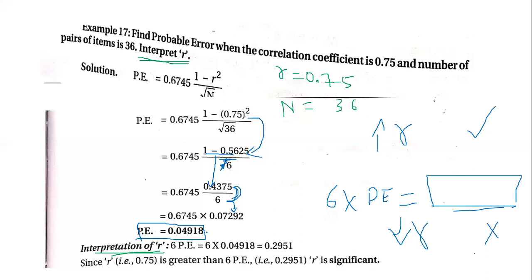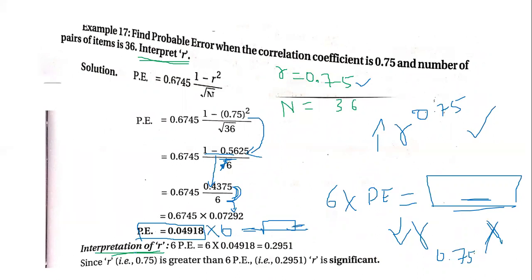Multiply this probable error by 6 and you'll get one value. Now, if this value is more than R, which is 0.75, then R is significant. If this value is less than 0.75, then R is not significant.